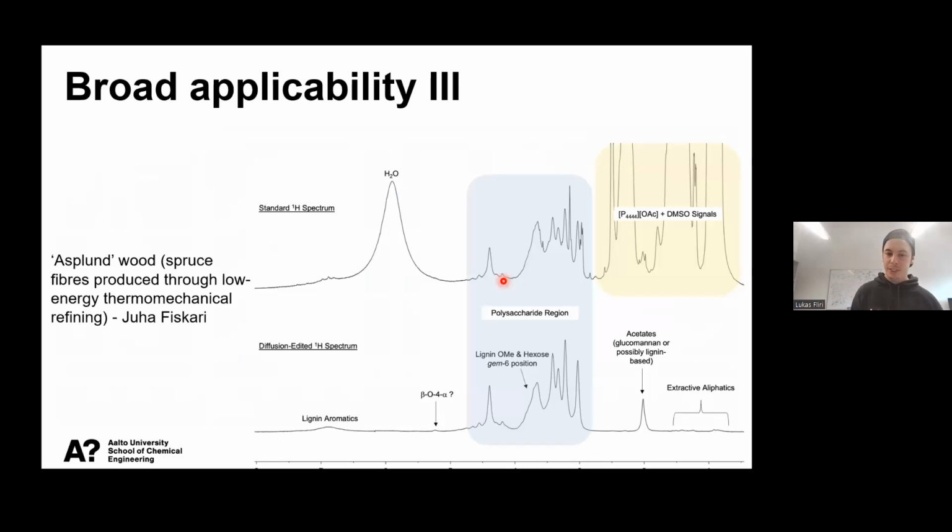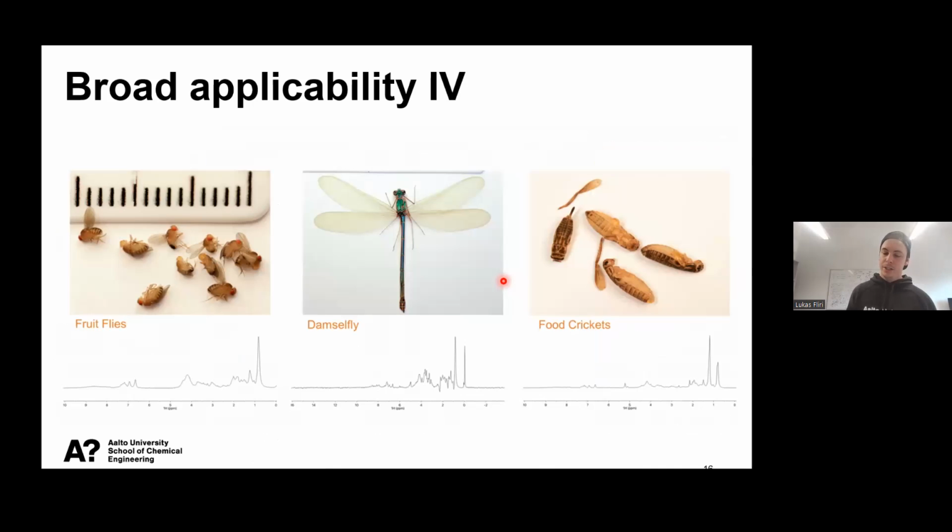It will need some optimization, but it means in general you can also investigate other wood materials and also composite materials, and not only polysaccharides or wood constituents that are soluble in the electrolyte.